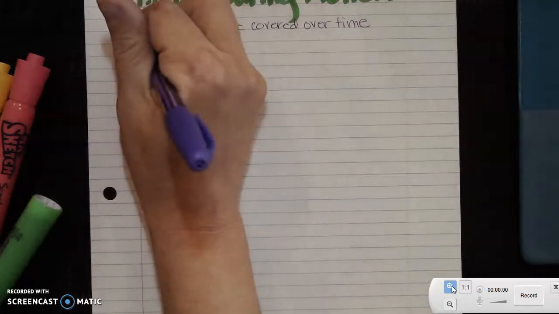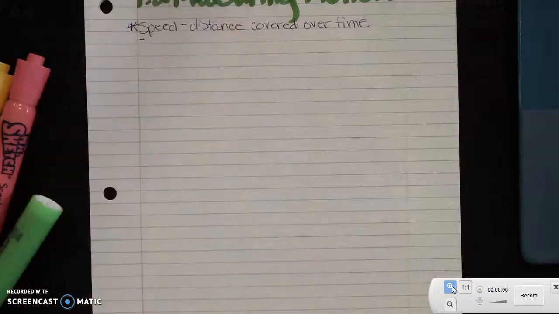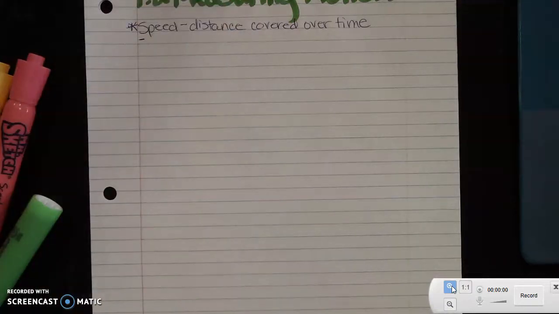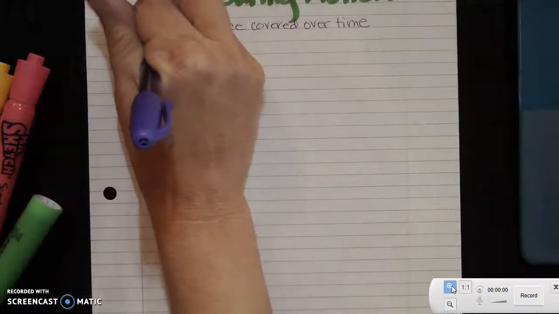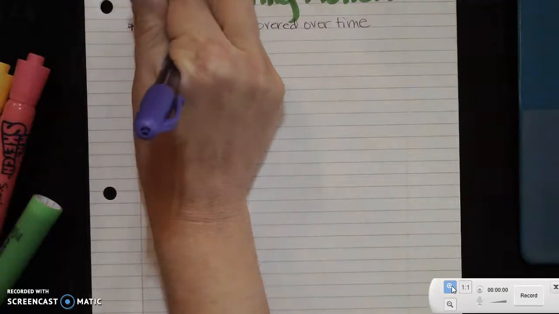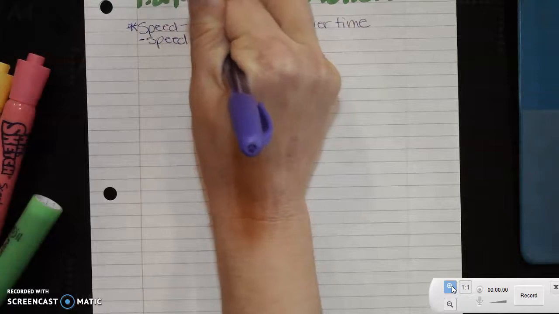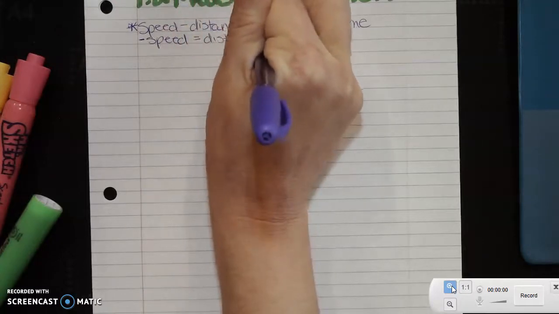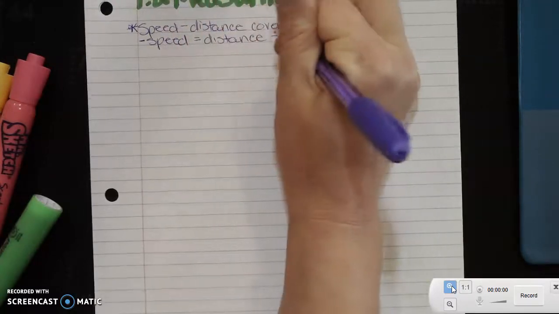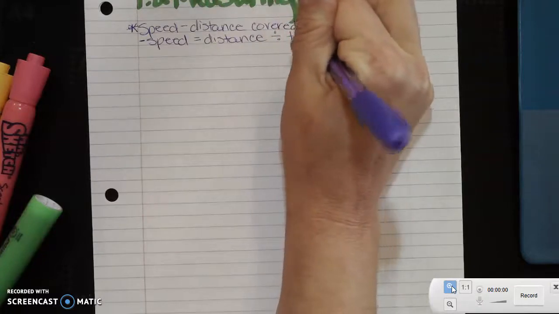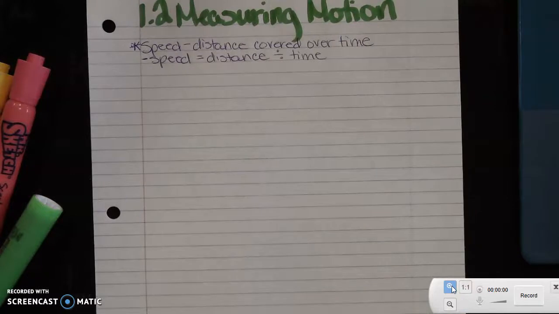The equation that we started to use, but we're going to formally copy down, define, and organize, is speed equals distance divided by time. This is an equation that we will come to over and over and over again.